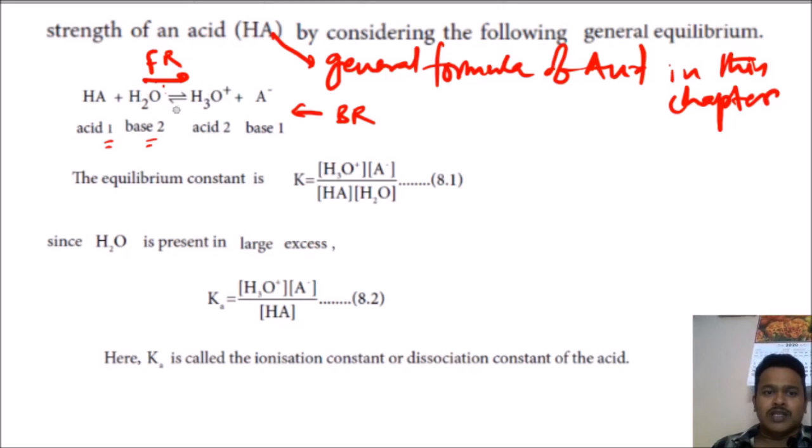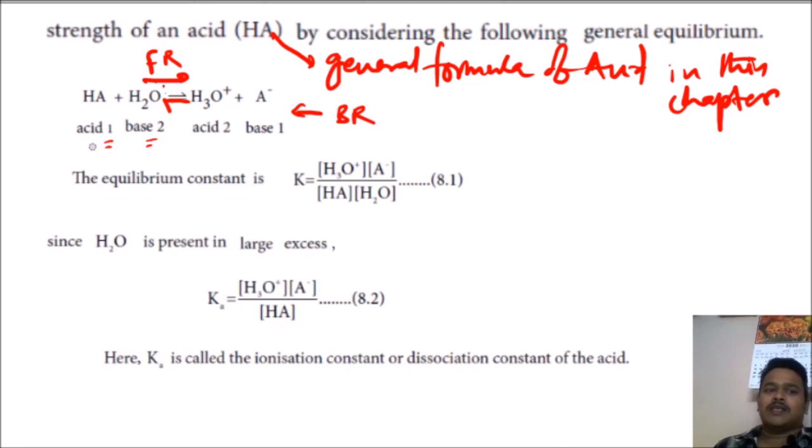In the reverse reaction, it is losing H plus, so H3O plus is an acid now. In the backward reaction, A minus becomes HA; now it is accepting H plus, so it is a base. So in the forward reaction, acid 1 and base 2 are explained, and in the backward reaction, acid 2 and base 1.